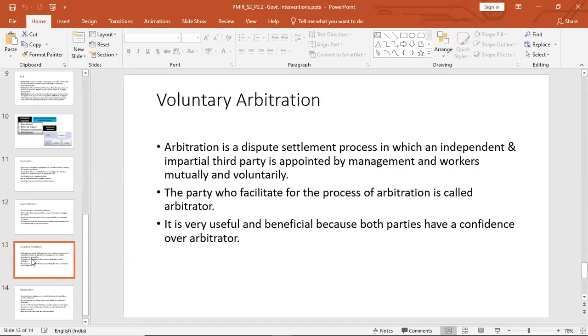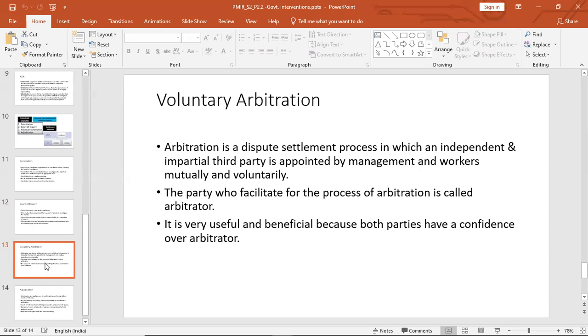Before that, arbitration, where both the party will appoint a person to mutually do the agreement between both the party who are in dispute.